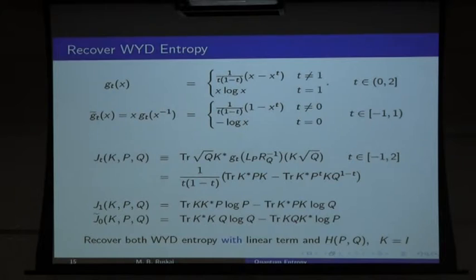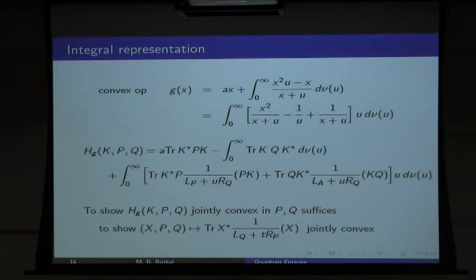And the k, you take the limit, and for 1, if k is equal to the identity, p log p minus p log q, you get the usual entropy. But it's very important that you have the linear term there and the fudge factor. Okay.